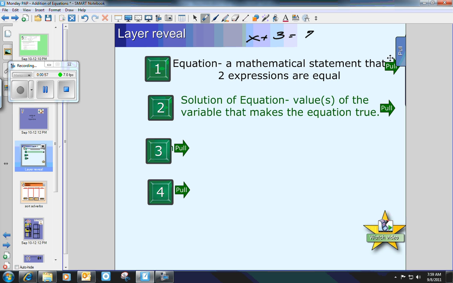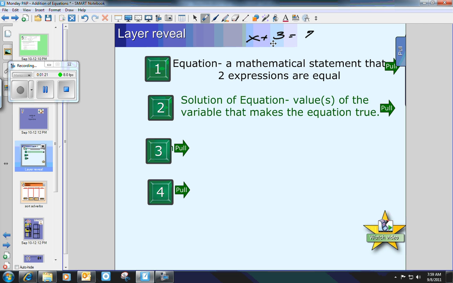The solution of the equation is the value of the variable that will make this statement true. Okay, so if I put a 5 in here for x, 5 plus 3 equals 7. That's not true. So 5 is not a solution. Even if I put 3 in here for x, 3 plus 3 is 6, not 7.